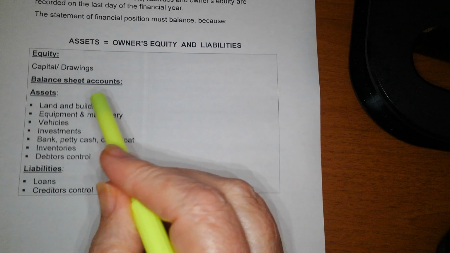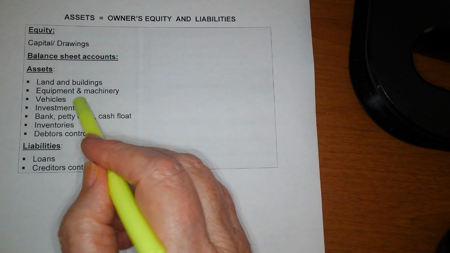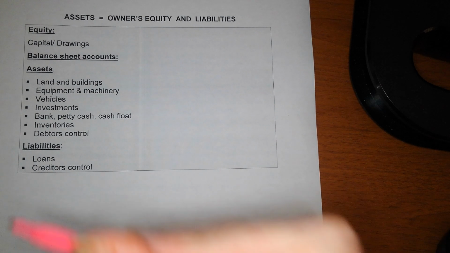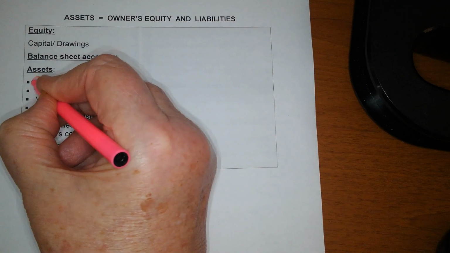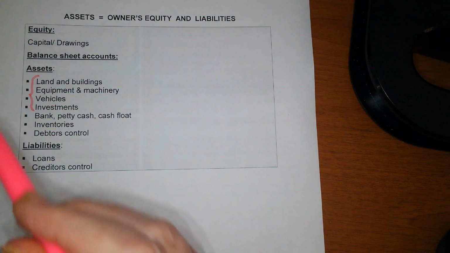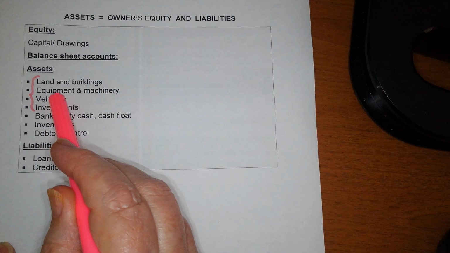Okay, if we look at the assets, we must divide assets between non-current assets and current assets. So the land and buildings, equipment, vehicles are called fixed assets, and investments are my investing facilities. So that is my non-current assets.